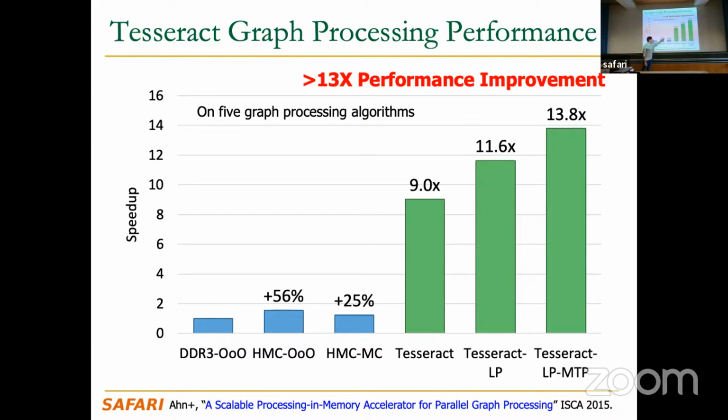Despite that, the performance improvement is not that high for these baseline configurations. But as soon as we start using Tesseract with much higher bandwidth, the speedup that is achieved is between 9.0 and 13.8, depending on whether we are using prefetchers as well or not.